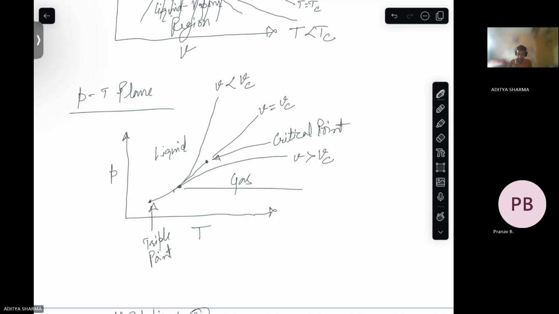So what effect does this particular point have on the partial derivative, dou P by dou T at constant volume? That is also the slope of this particular graph, and it becomes an exact differential. So this can be written this way.